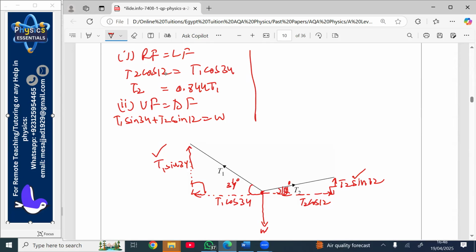Okay, so T1 sin 34 plus T2 sin 12 is 350, right? Upon simplifying, I am getting 0.560 T1 plus 0.175, not 175, my apologies.